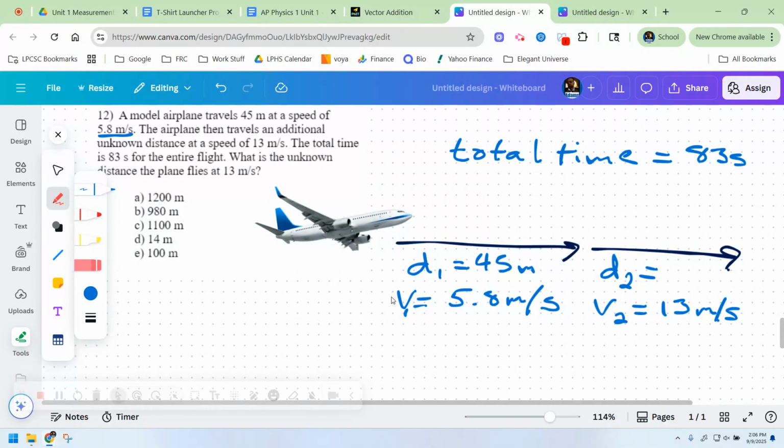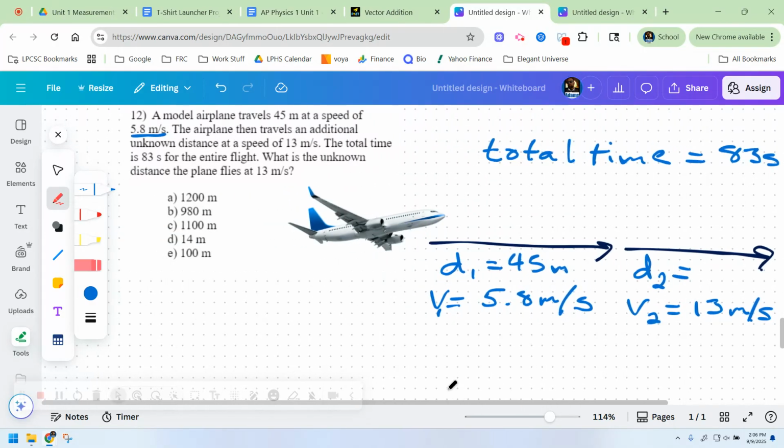So I think there's a couple ways you could do this. There's an easy way and there's, I don't know, just remember that the relationship between the distance is the velocity over time. So if I want to find the time that it takes for the first one, I just got to take D1 and divide it by V1, and that'll give me T1, right?